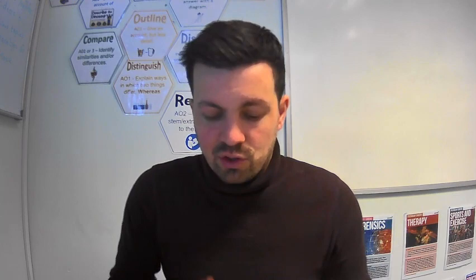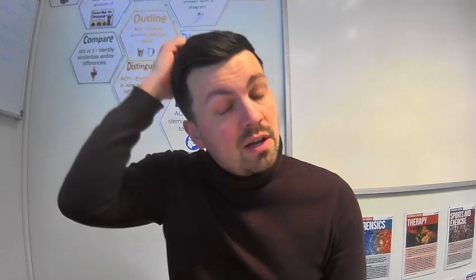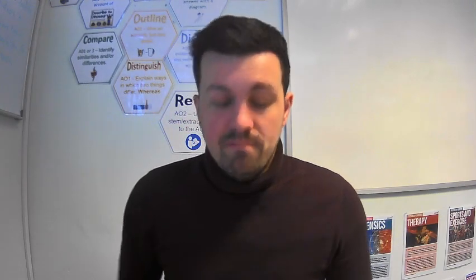Obviously breaking down the question as always, what has psychological research shown? So psychological research, that word research meaning theory and or study, and then the word shown is key because shown suggests what are the findings or what has been found because of that research.